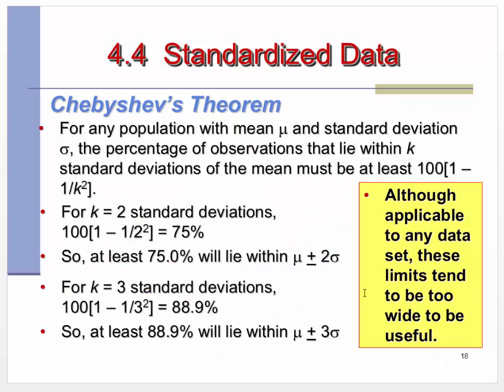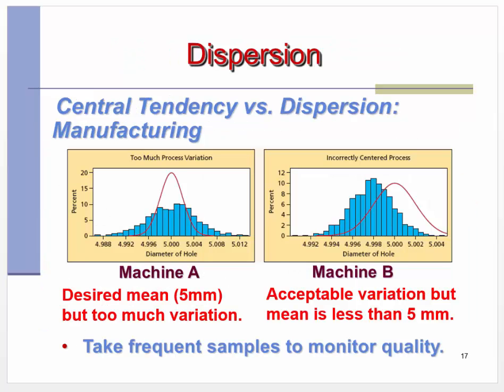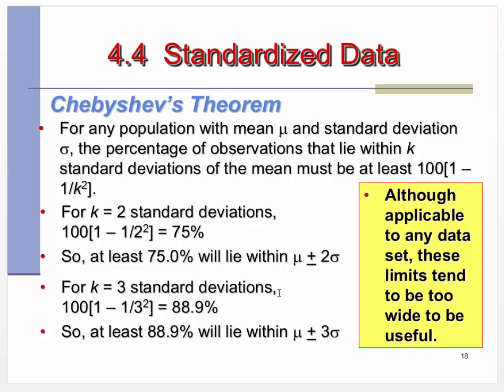Let's talk about standardized data. There is a theorem called the Chebyshev theorem. Basically, this theorem says that for any population with a mean mu and standard deviation sigma, the percentage of observations that lie within k standard deviations of the mean must be at least 100 times (1 minus 1 over k squared).